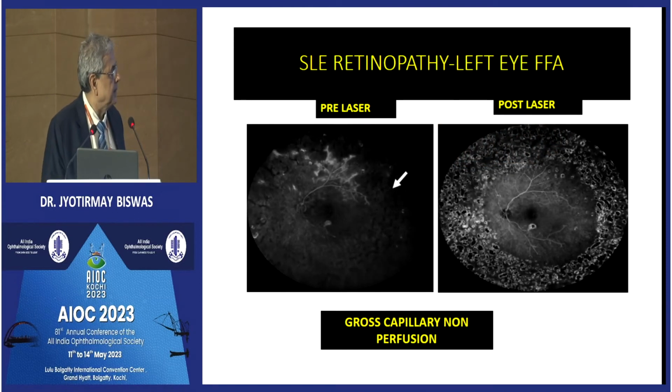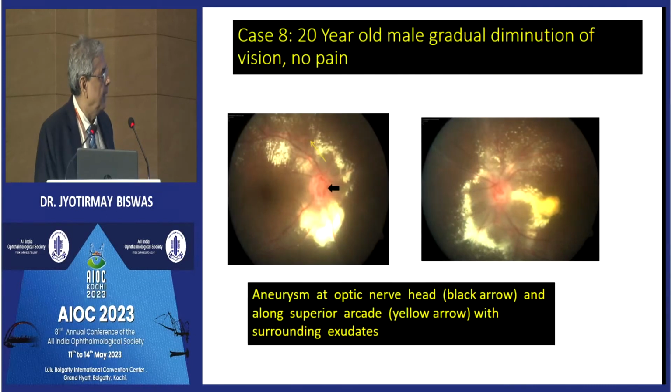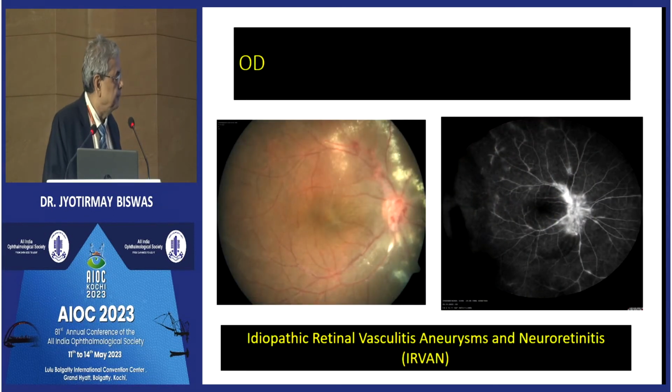After that, we did aggressive laser photocoagulation and could preserve the vision. And this is another situation where fundus fluorescein angiogram elegantly shows IRVAN, idiopathic retinal vasculitis, aneurysm and neuroretinitis. You can see the beading of the blood vessels, elegantly shown by the fluorescein angiogram.